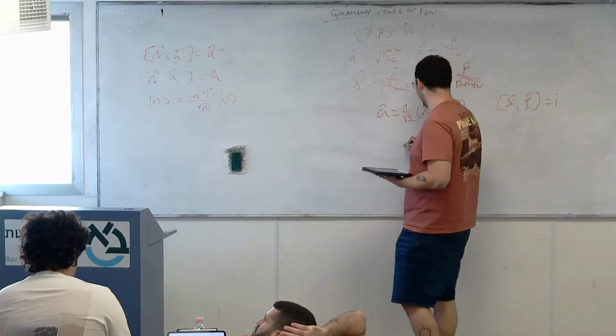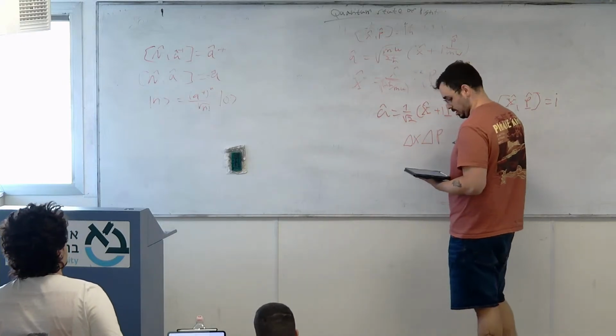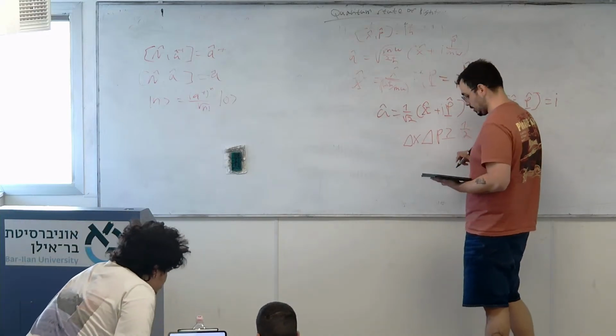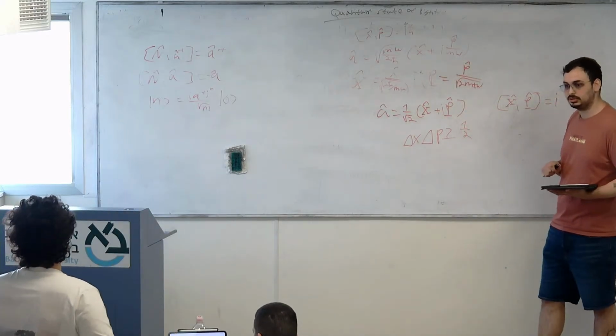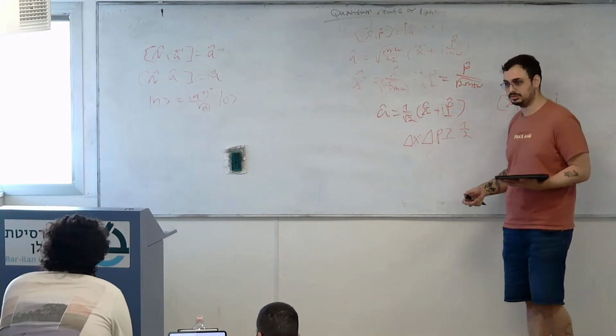You will also meet the uncertainty principle. I don't think we prove it in this course, and I'm not going to do it, but if someone wants me to prove it, we can do it later, it doesn't really matter.